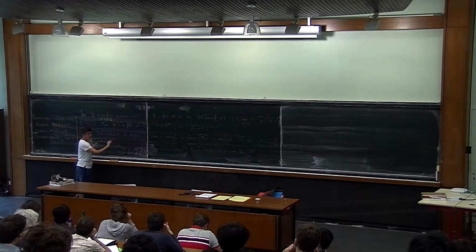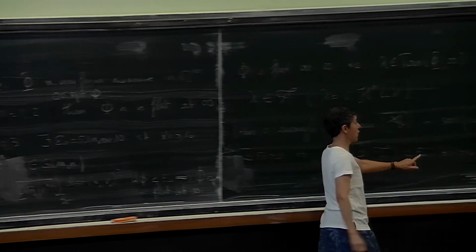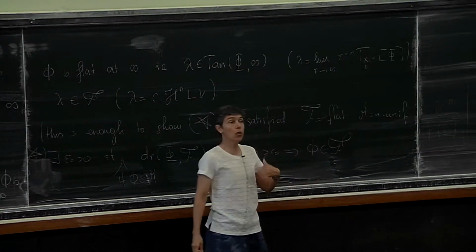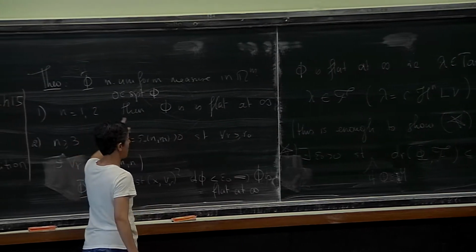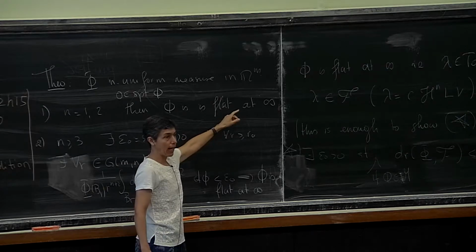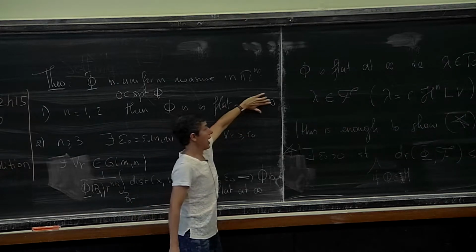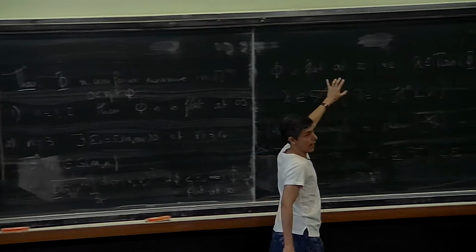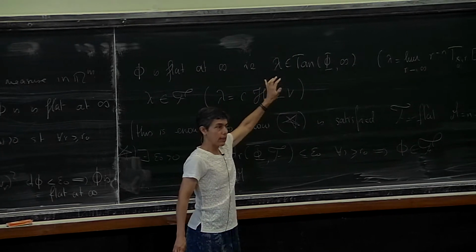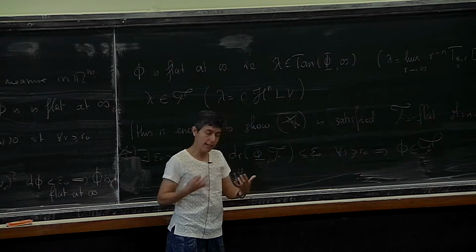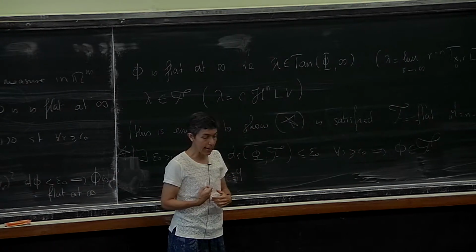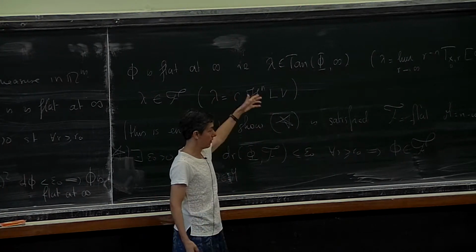And to prove this implication, the conclusion to my statement here is not then phi is flat at infinity. I would like to say then phi is flat. Then phi is flat. Okay? But that I cannot say yet. And I won't be able to show you that here. I'll just be able to give you an indication of how you go from flat at infinity to flat.